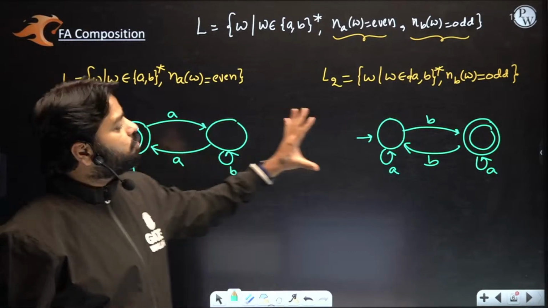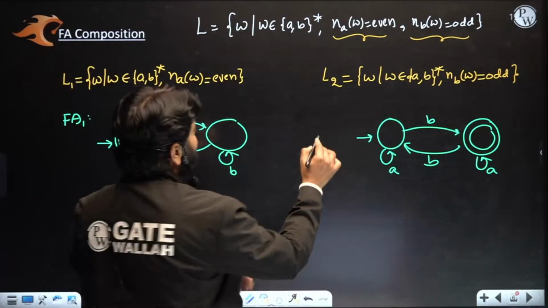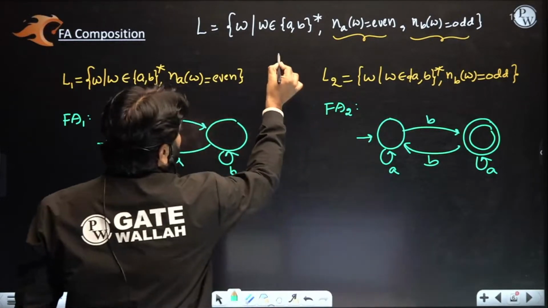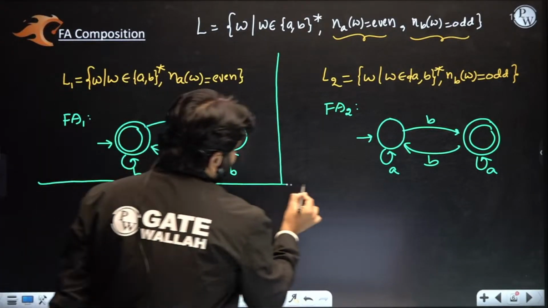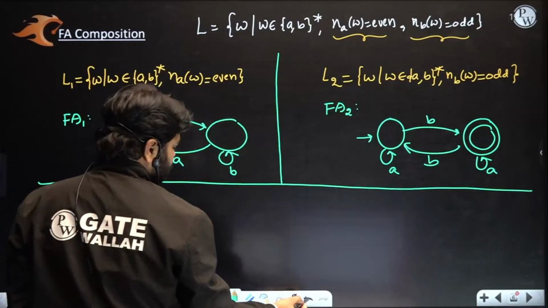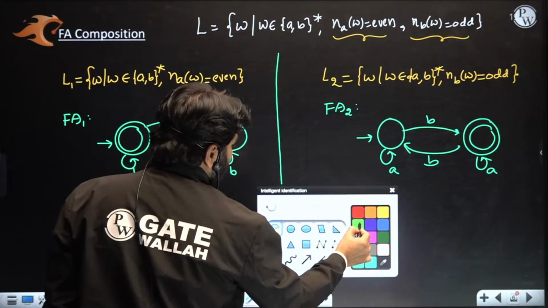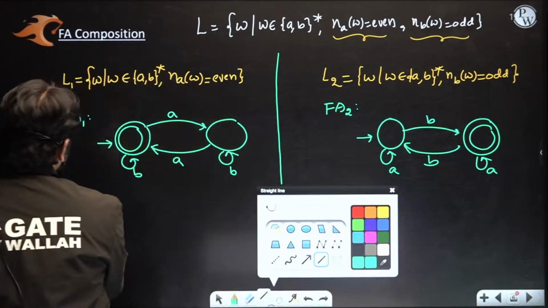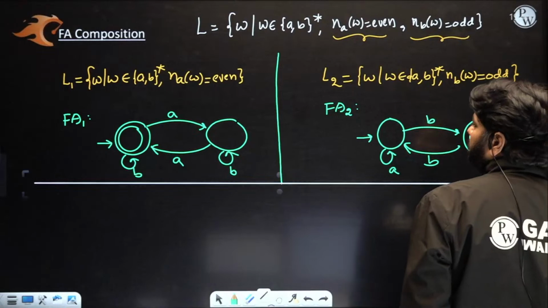But by combining these two machines, you can build a new machine, that's FA1 cross FA2. Assume this is FA2. Okay, so now individually we are able to design. Now how to combine the two machines using Cartesian product or composition principle.